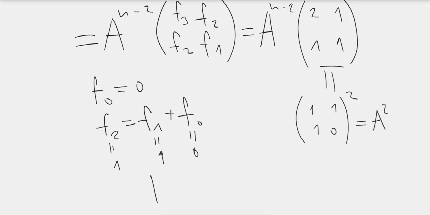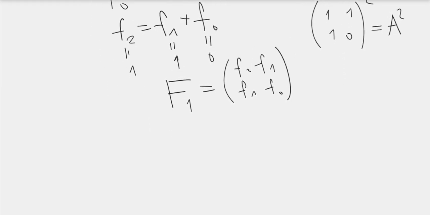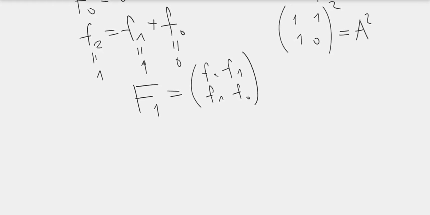Therefore we can introduce now the matrix F1 as F2 F1 F1 F0, and then rewrite this as A to the power n minus 1 multiplied by F1.